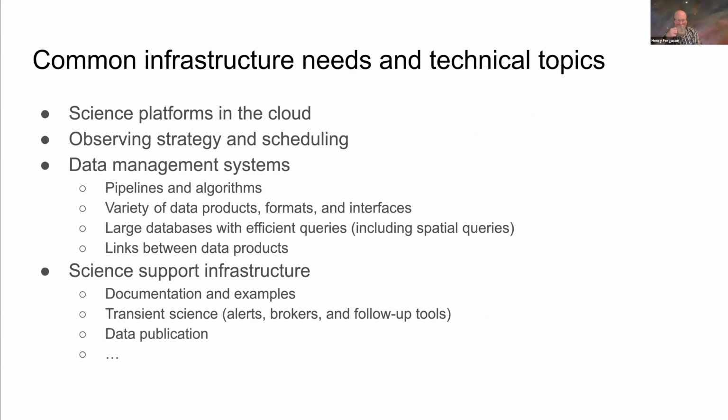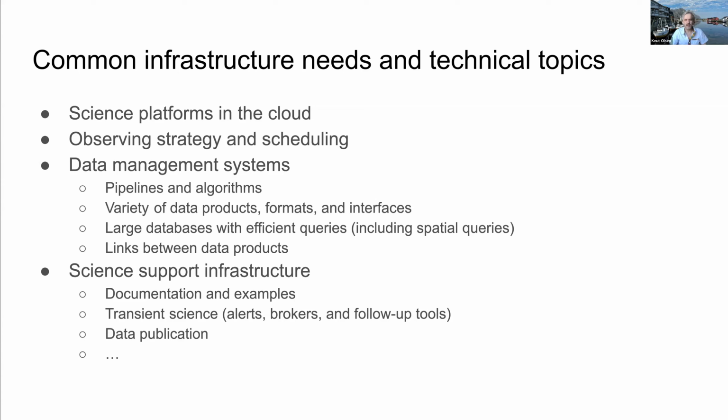Yeah. So as Harry mentioned in the introduction, he and I did some brainstorming on topics of perhaps common infrastructure needs, or areas where Roman and Rubin could share experience or collaborate and share tooling, and technical topics that might be of interest to both projects, in which cross-pollination could be possible.